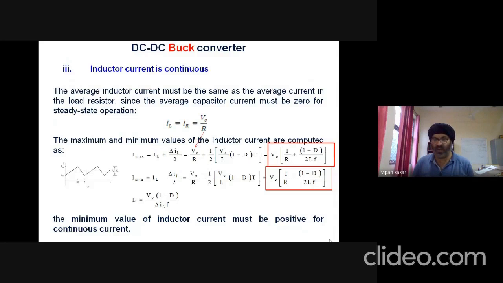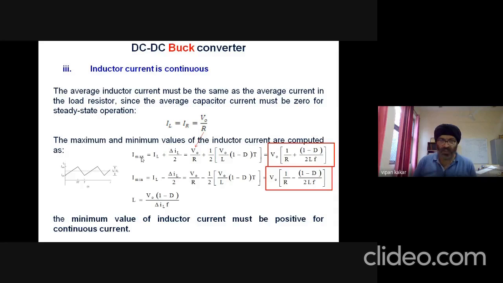If we see that the minimum value of current is not positive, it means we do not have a continuous flow of current or continuous mode of conduction. So it is a kind of discontinuous mode or a boundary condition of continuous and discontinuous. So I minimum also has to be above zero.